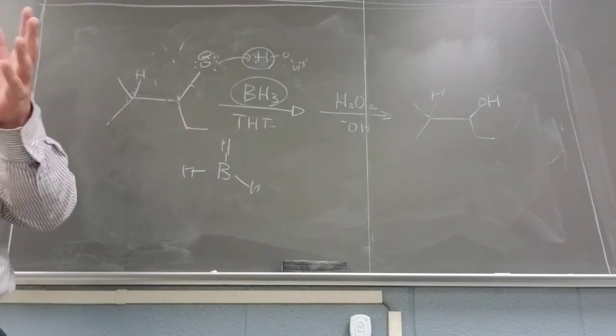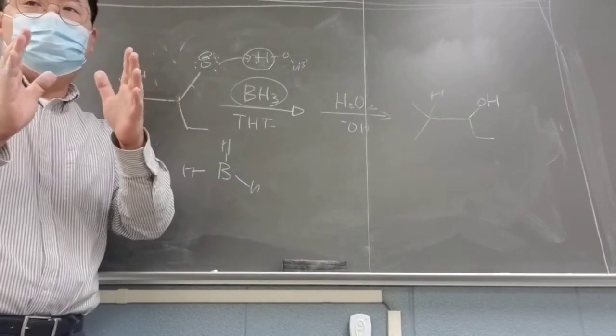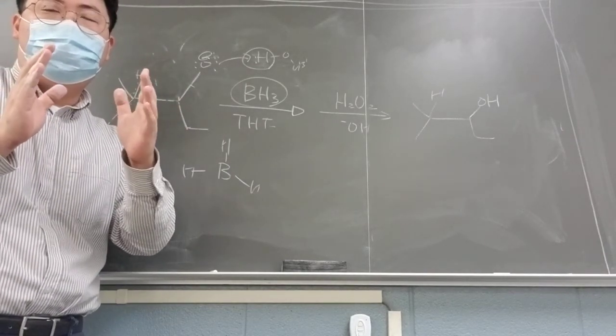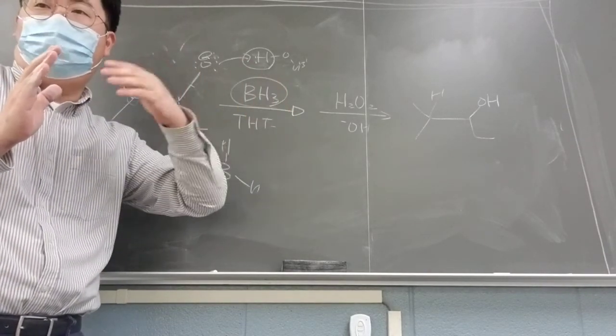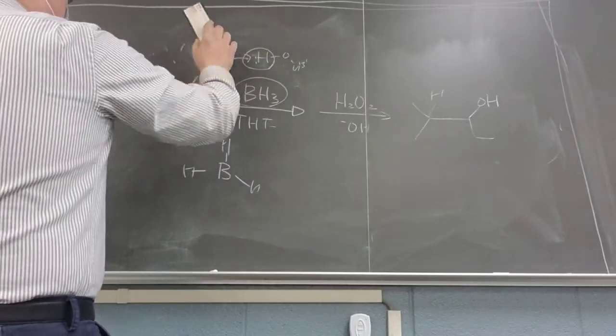Obviously you don't have to know everything, but what I want you to remember from here is that you have to do exactly the other way around from what we did for oxymercuration.